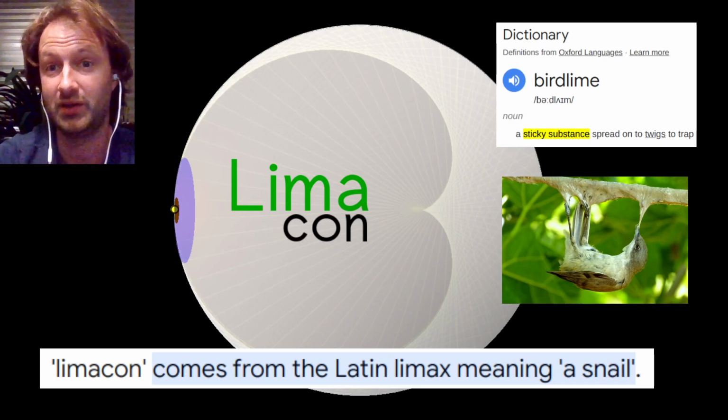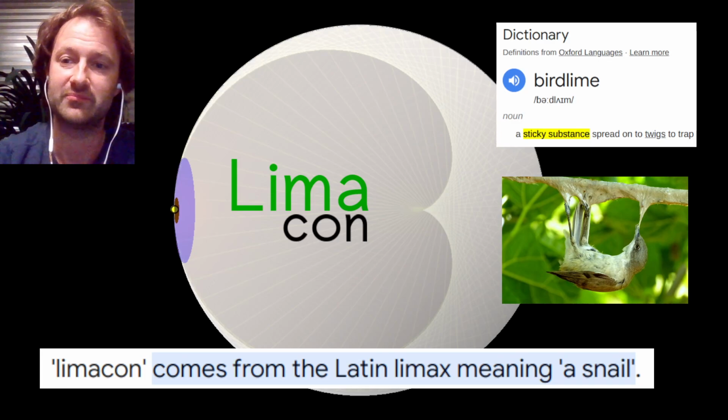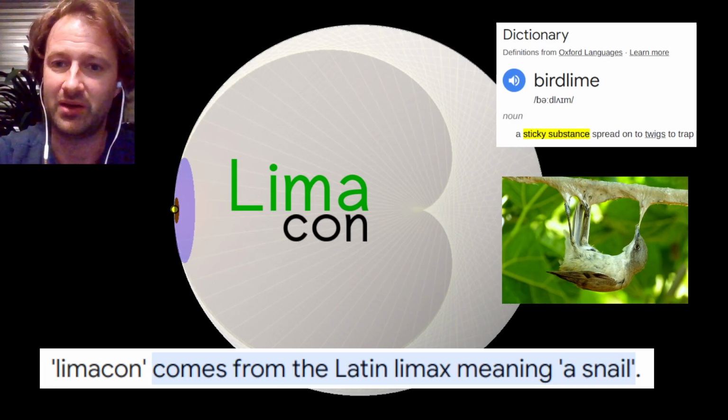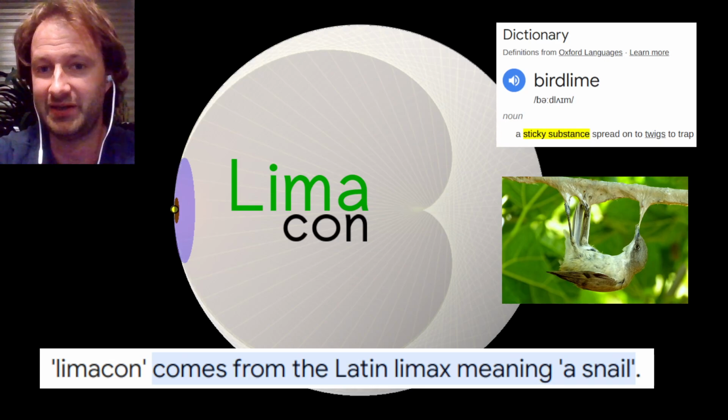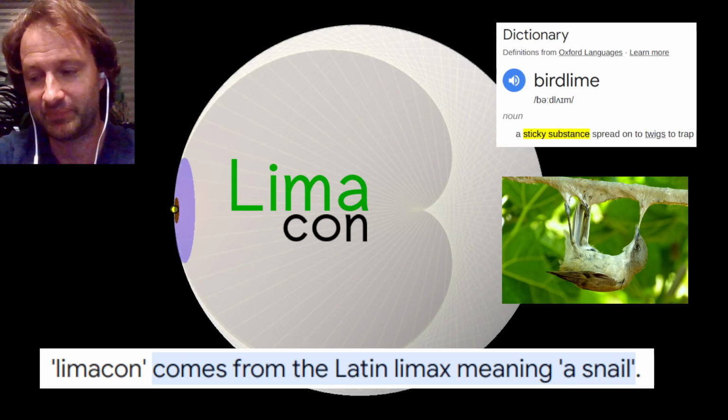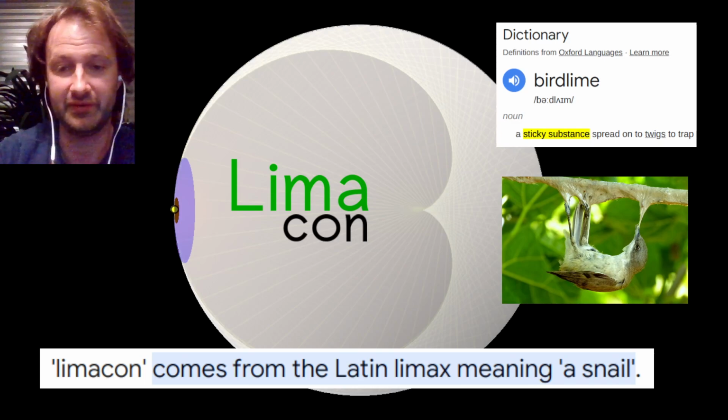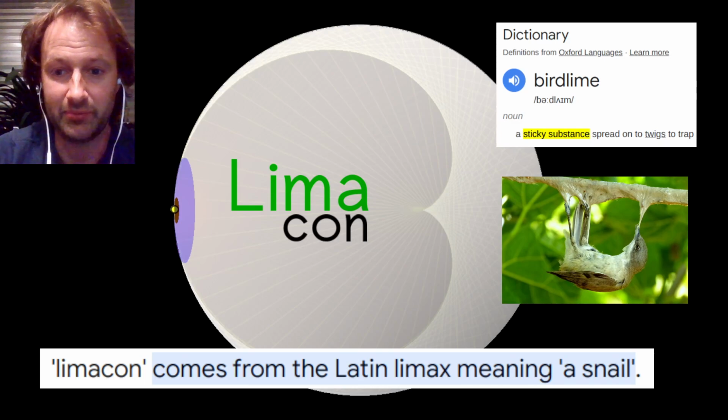Lime. I mean, Lima is lime in Spanish, and there is a lot that I already said about Lima in Peru. It's just everywhere, this stuff.